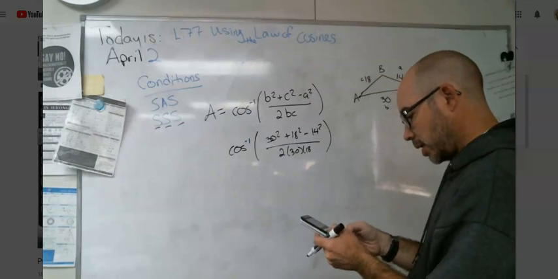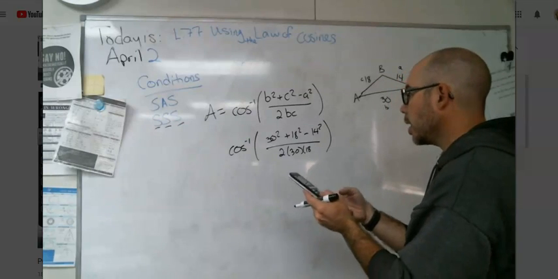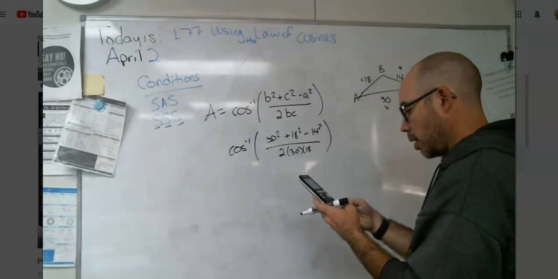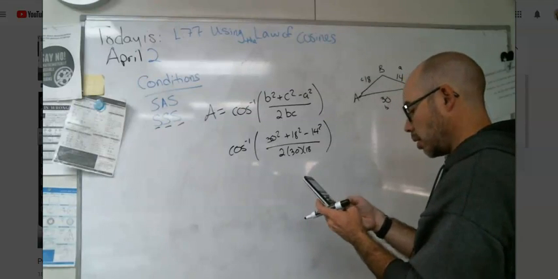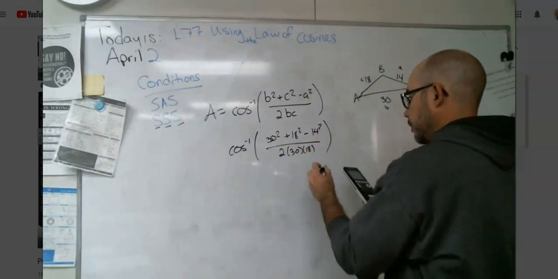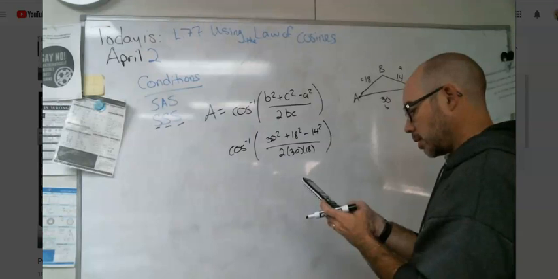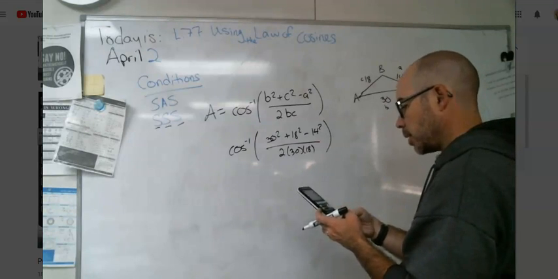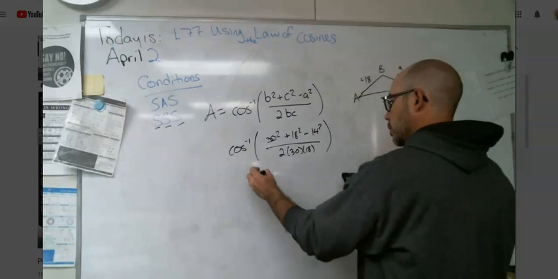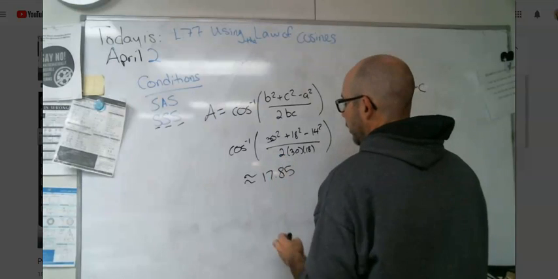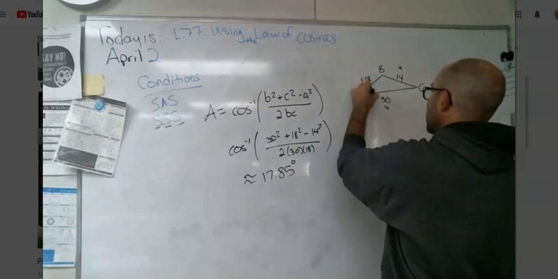Just use the information given and take the inverse cosine of 30 squared plus 18 squared minus 14 squared over 2 times 30 times 18 in parentheses, equals about 17.85 degrees.